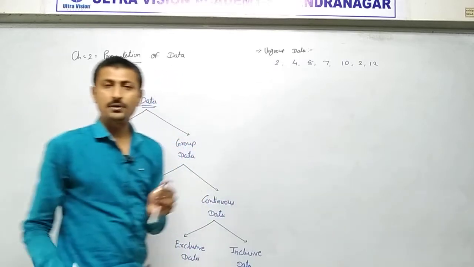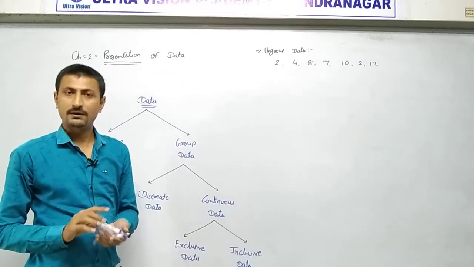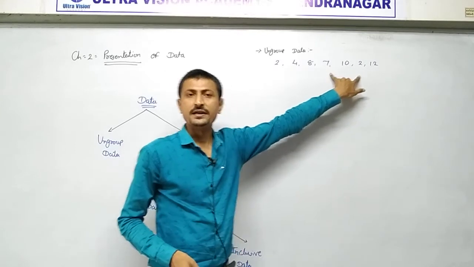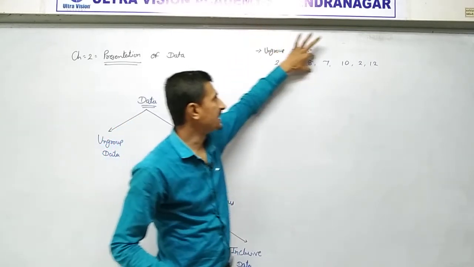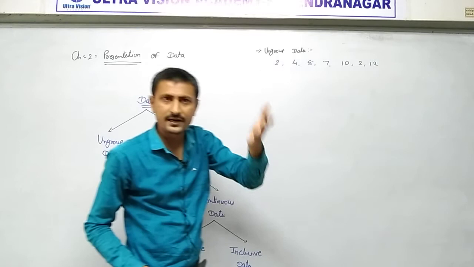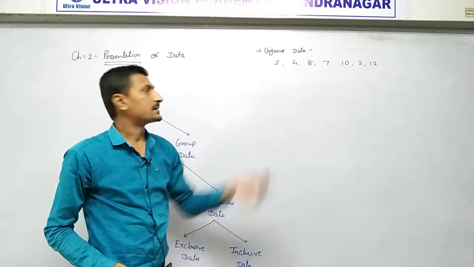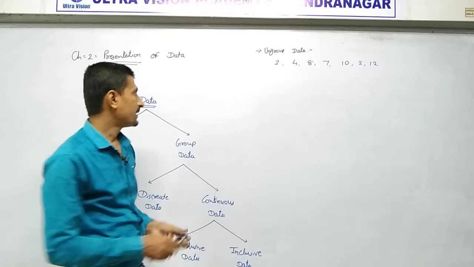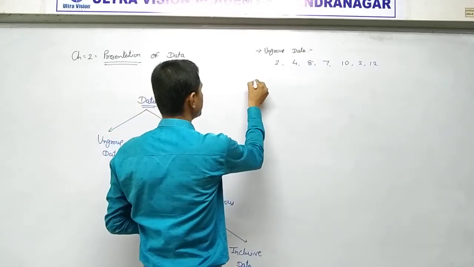Any related data is given for only a single variable. The number of accidents in a city is also called ungrouped data. Next, discrete.